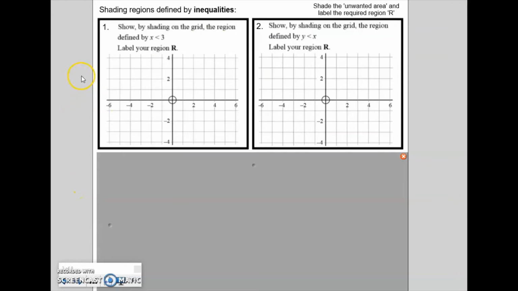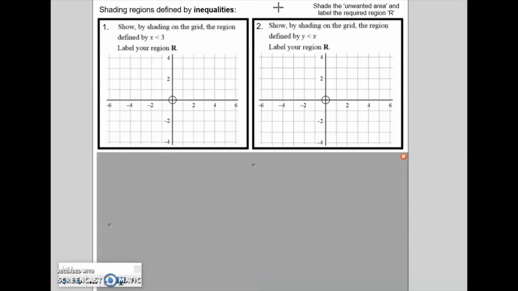Okay, so now we're going to use that knowledge of linear graphs, of straight line graphs, to identify some regions by graphing inequalities. In this question, we need to shade in the unwanted area and then label the required region R. The wording of this question is very important because depending on the exam question, depending on the task, sometimes you'll need to shade in the required region, sometimes you'll need to shade in the unrequired region.